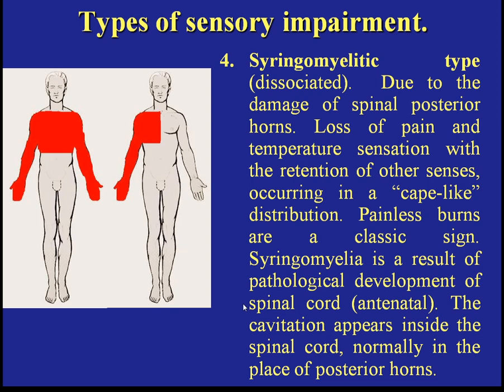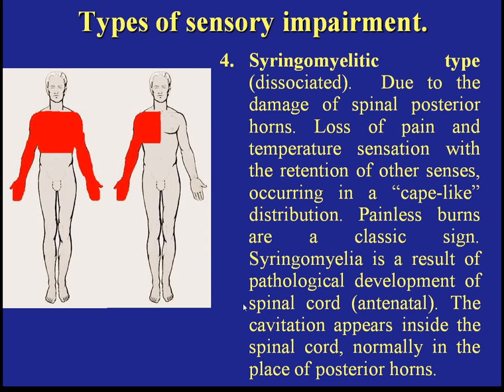You remember the different location of second order neurons in pathways of superficial and deep sensation, and only superficial sensation has second order neurons in posterior horns. So this is a dissociated type of sensory pathology with normal deep sensation but affected superficial sensation: pinprick, pain, and temperature. Painless burns are a classic sign.